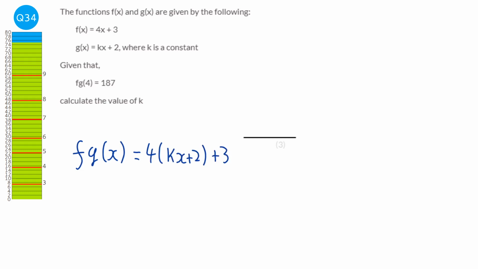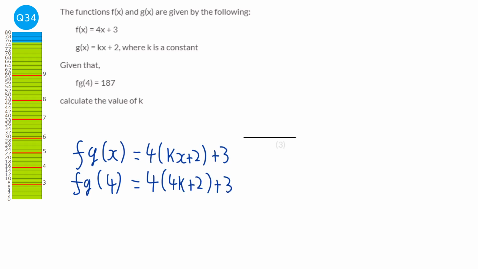Now this says that fg, when 4 is put into it, gets an answer of 187. So let's put that 4 into it. So 4 brackets, and it's k times 4, so that's 4k, plus 2, plus 3.